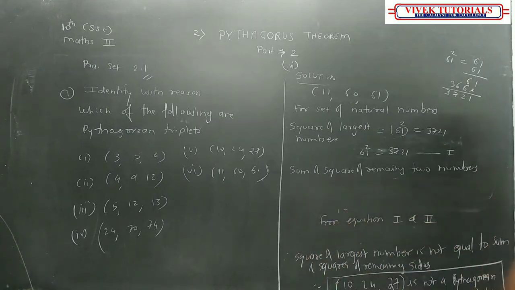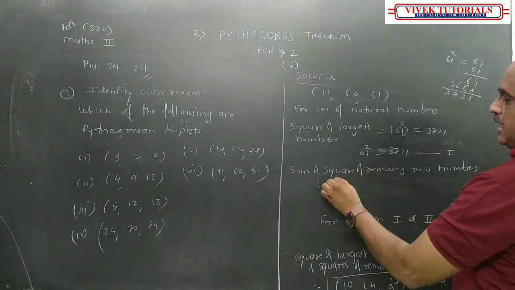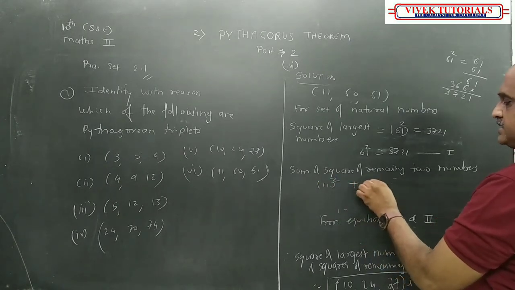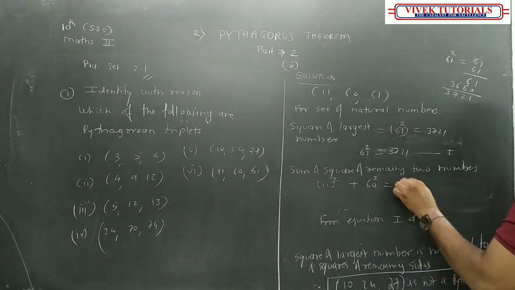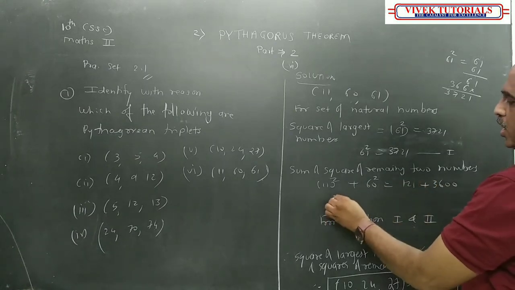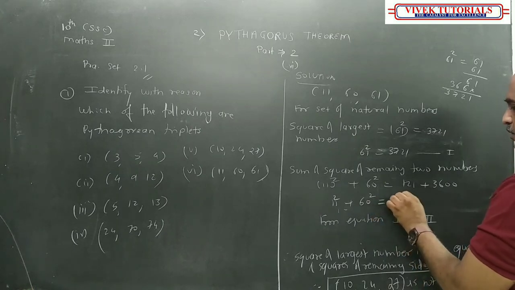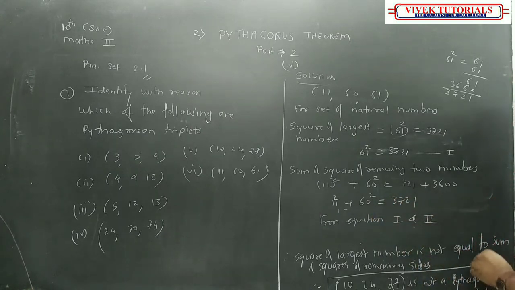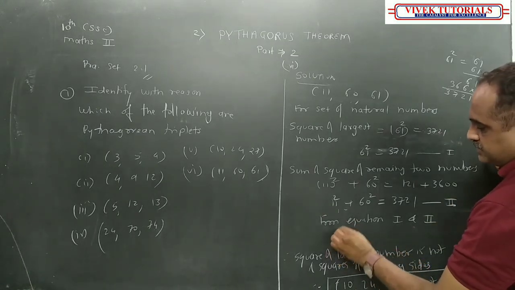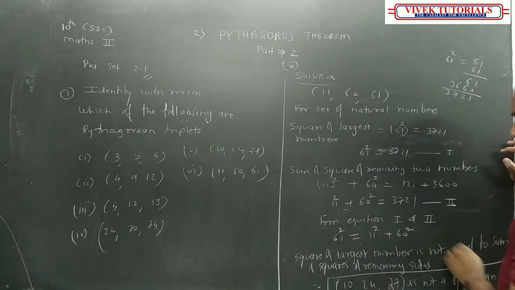Then the sum of the squares of the remaining two sides is 11 square plus 60 square, which is 121 plus 3600, equal to 3721, equation 2. So from 1 and 2, 61 square is equal to 11 square plus 60 square.